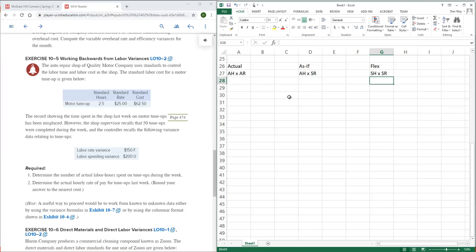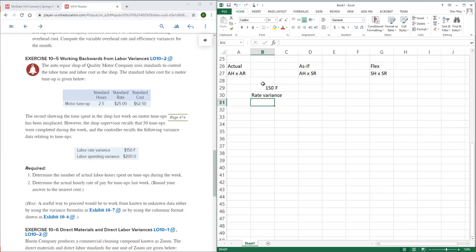Now let's also think about where these variances fall. So the labor rate variance is going to be, again, just the difference caused by a difference in rate only, not necessarily in usage of labor time in any way. So the rate variance is going to be over on this side. So let's just stick that in, 150 favorable, and that's our rate variance. And let's also make sure we think for a second about what that means.